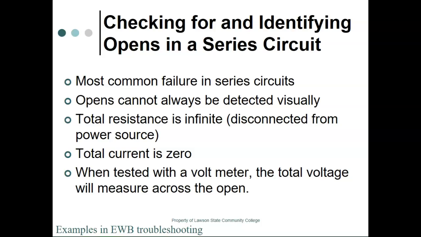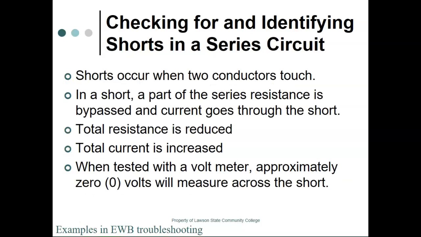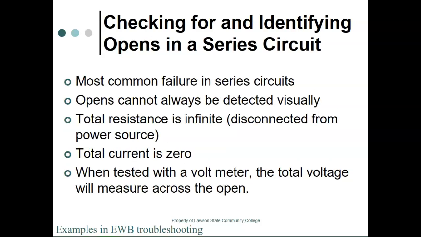So what you're looking at here is how do I find, let's say we do have that Christmas tree strand of lights and we want to find out where the bulb has burned out. It's created an open, right? Load is no longer there. So what you're going to do, you can't detect it visually because guess what?